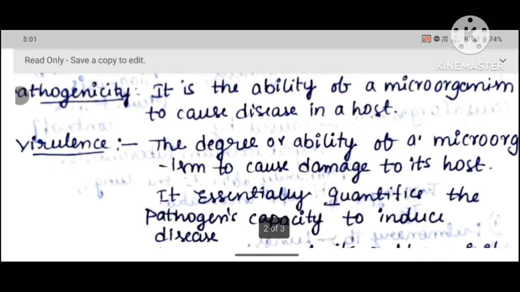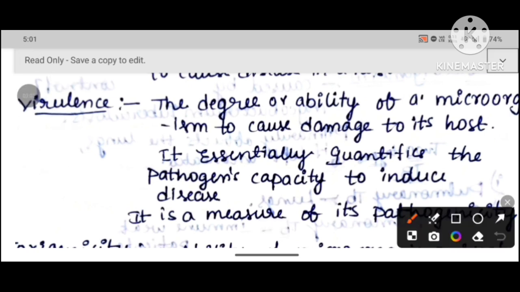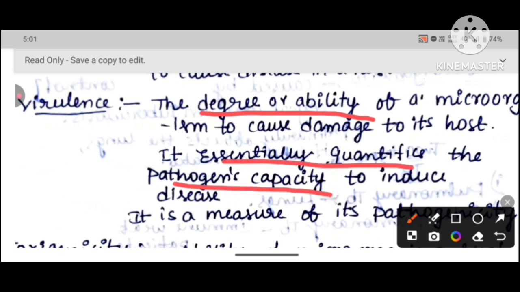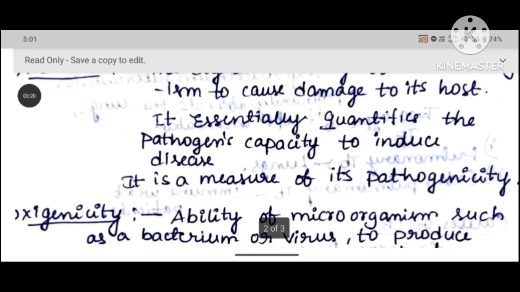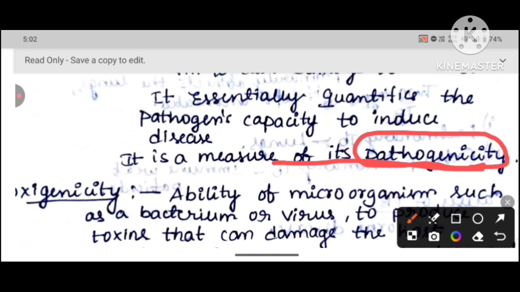Next, virulence. Virulence is the degree or ability of a microorganism to cause damage to its host. It essentially quantifies the pathogen's capacity to induce disease, or simply we can say it is a measure of its pathogenicity. Pathogenicity is the ability of a microorganism to cause disease, right?